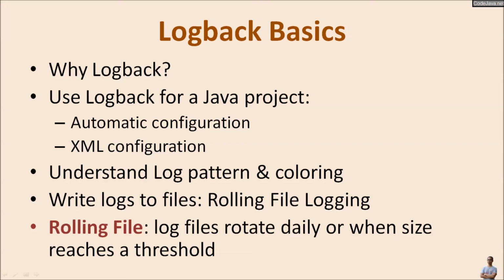So far you have learned the basics of Logback, how to use Logback for an existing Java project with automatic configuration and XML configuration, the fundamentals of log patterns and coloring the log message, how to write logs to files, and how to use rolling file logging with Logback.